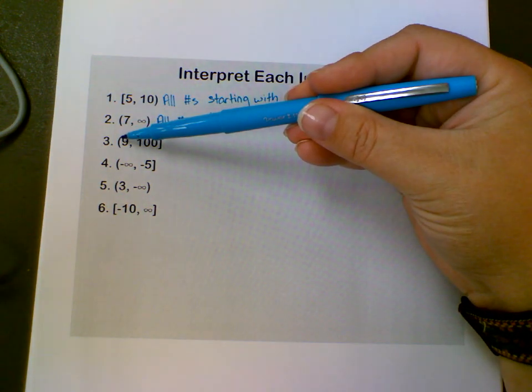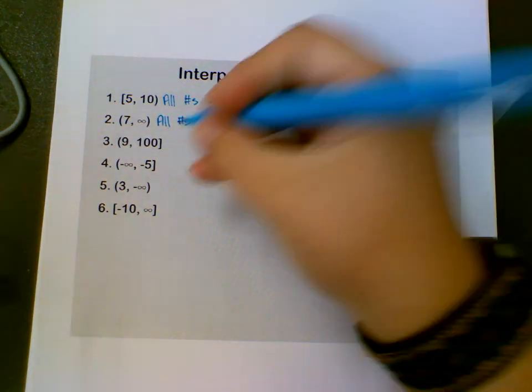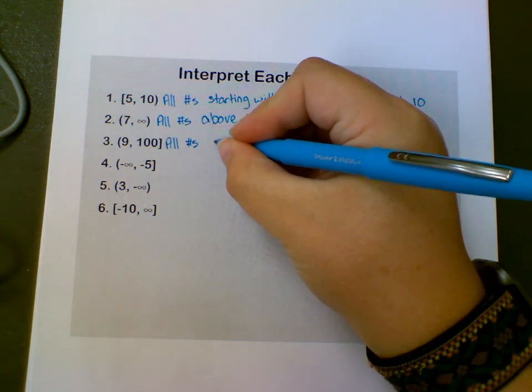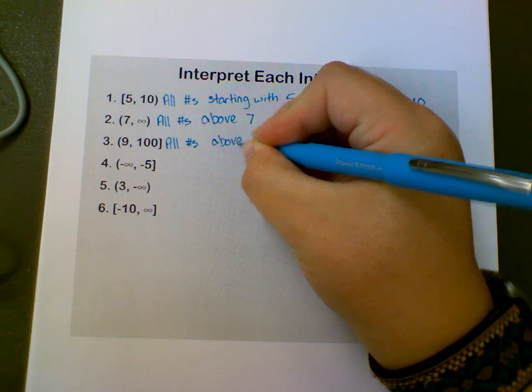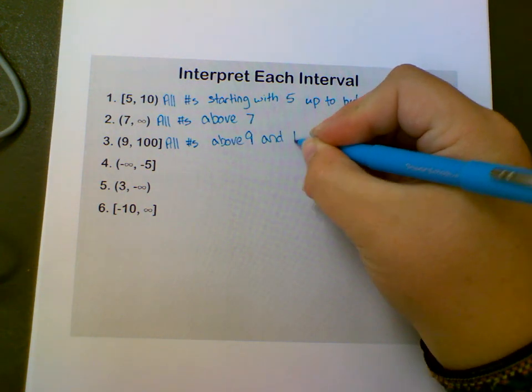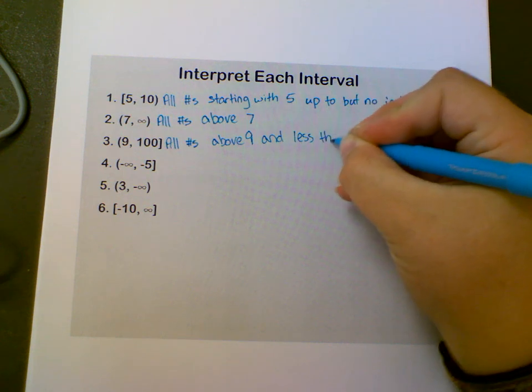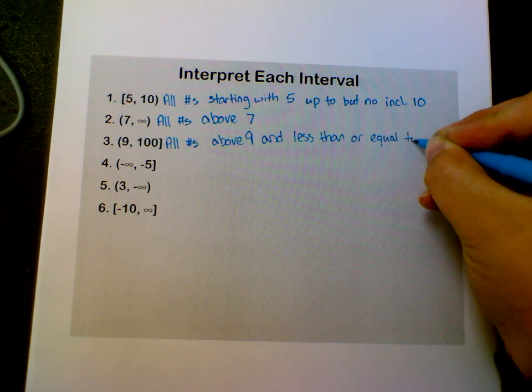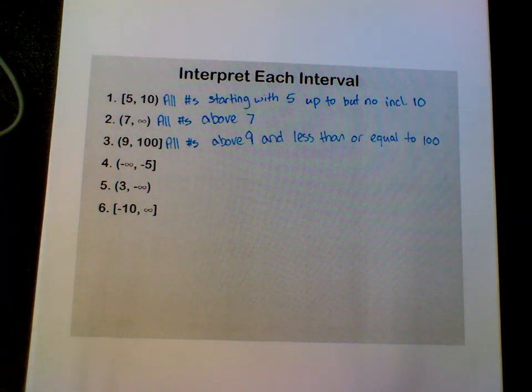We don't include 9, but we do include 100. So this is all the numbers above 9 and less than or exactly equal to 100. 9 to 100, counting 100, not counting 9.